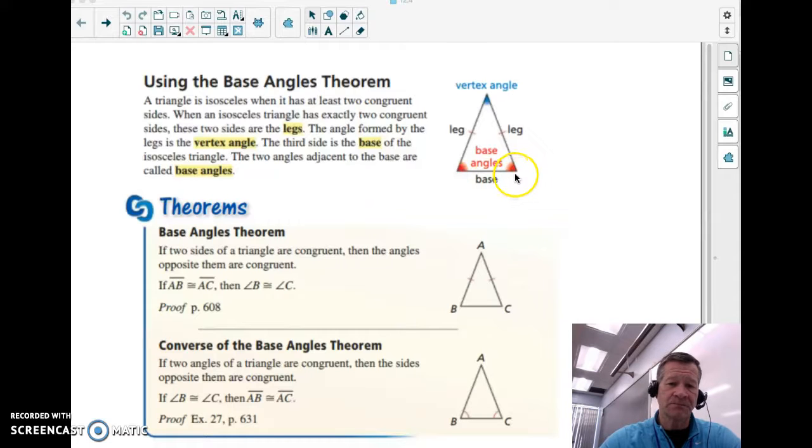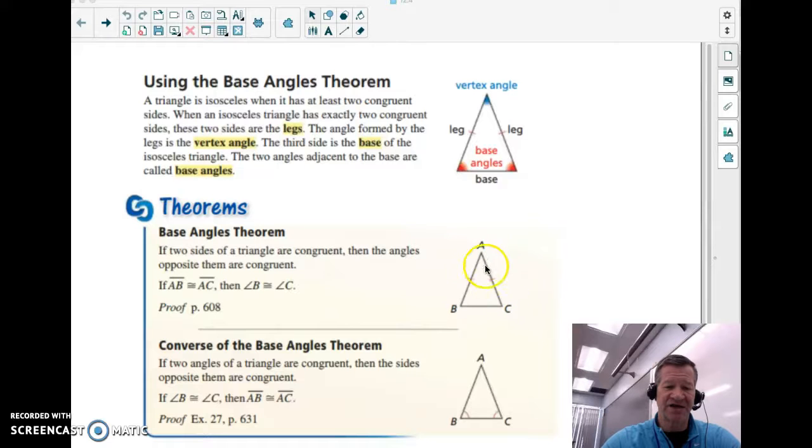Now the two angles that go along the base are called the base angles, while the third angle, the angle that's between the two congruent sides, we call the vertex angle. Now, we have a theorem known as the Base Angles Theorem, which says that if these two sides are congruent, then automatically I know their opposite angles are also congruent.